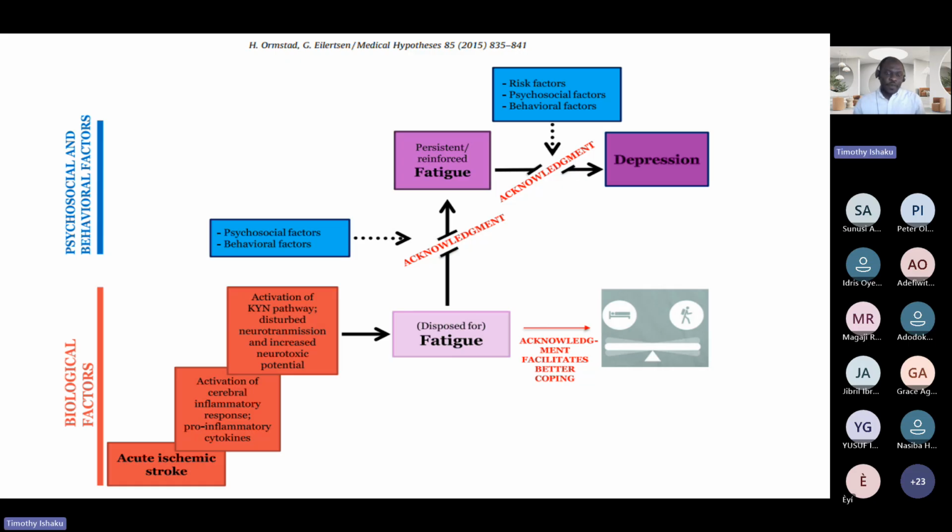But if we do not acknowledge that fatigue, oh, you're lazy, you're just being lazy, we're quite dismissive, it may lead, and that is the arrow that goes up, it might reinforce the fatigue because they don't have that coping mechanism trying to figure it out, and might lead to chronic fatigue, not merely, oh, I'm tired.